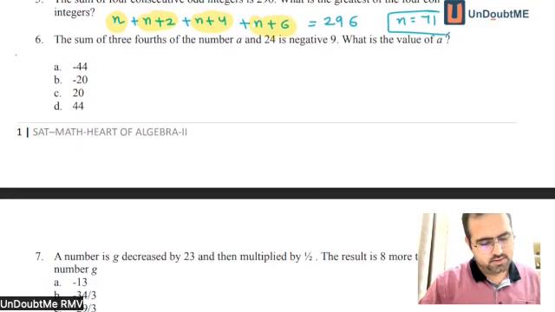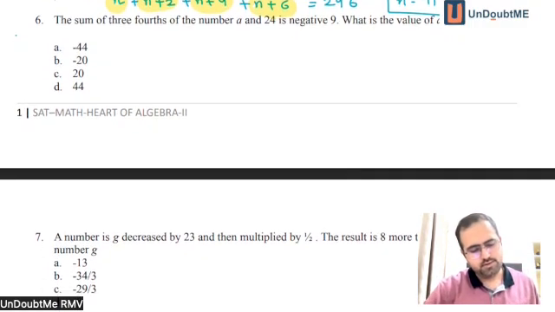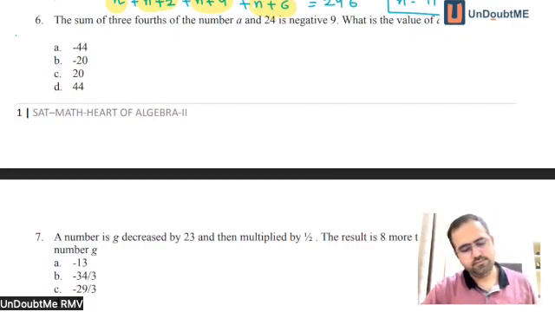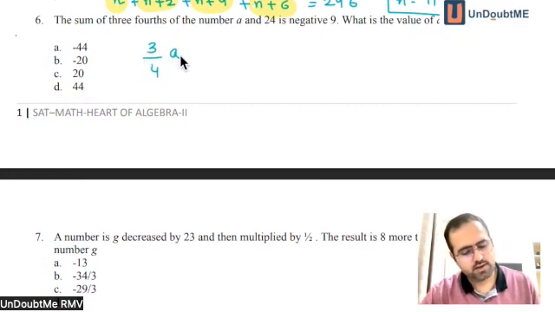Sum of 3 fourths of a number is 20. So it's 3/4a plus 24 is equal to -9. Very good.